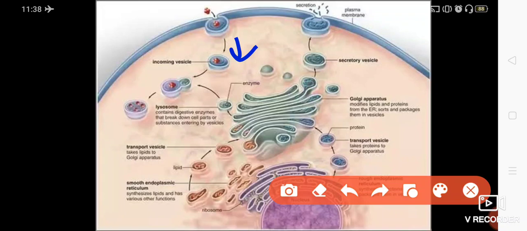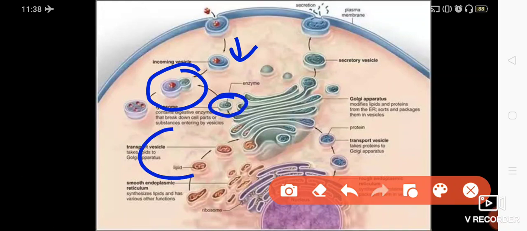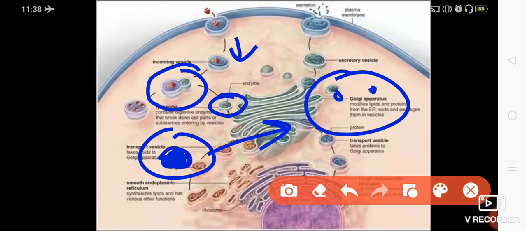These vesicles will come to the lysosomes, and the lysosomes will merge with the vesicles coming from outside the cell, and these digestive enzymes will digest the material present inside the vesicle and break it into the simple form. Okay, if it is useful then it is good, if it is not useful then it will be thrown out of the cell.